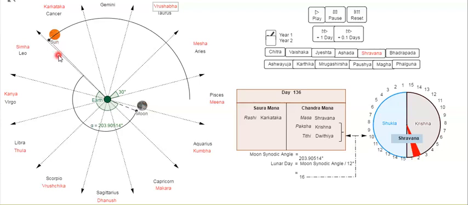Then if the next month starts, it will go away from the sun, 180 degrees away, and then come back, and the sun will also be moving at the same time. So when the new month starts, the sun and the moon will be somewhere here again. Let's have a look to fully understand the picture.